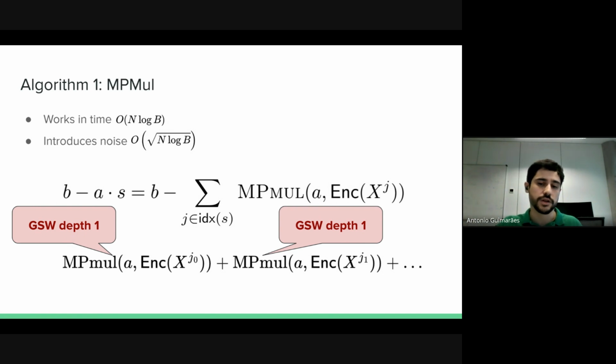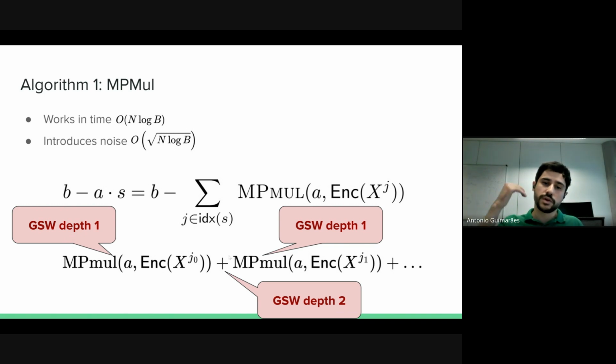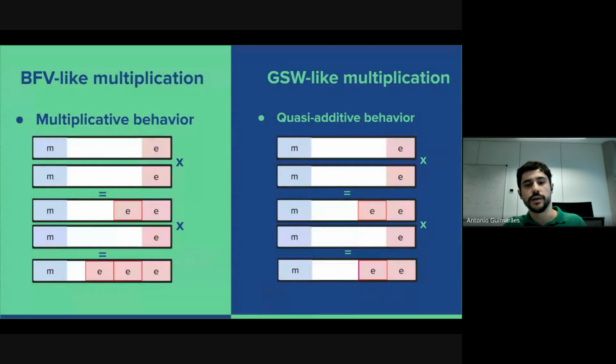They are not fresh encryptions anymore. When we do this addition, and let's remember we are doing things in the exponent, so additions become multiplications, this becomes a circuit with depth 2. And it's fine to have a circuit with depth 2, but that increases our parameters, and that was actually the problem that leads GPV 23 to not be fully practical. So we don't want a circuit with a larger depth.